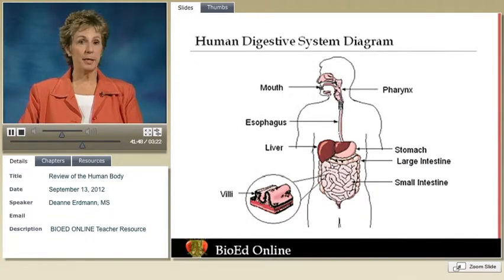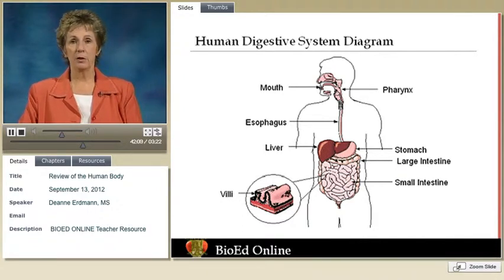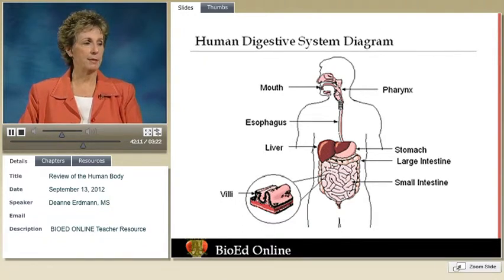The next slide shows us a diagram of the human digestive system, and as you can see, just as we talked about, it goes in through the mouth, through the pharynx, down into the esophagus. In the esophagus, this is where peristalsis begins. And peristalsis is the muscular wave-like movement that transports food throughout the 30-some-odd feet of tubing that we have in the digestive system.